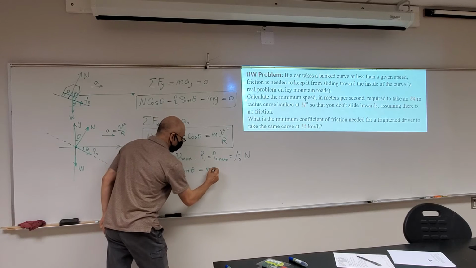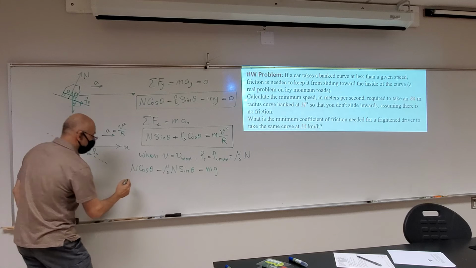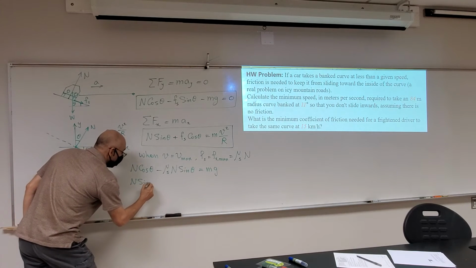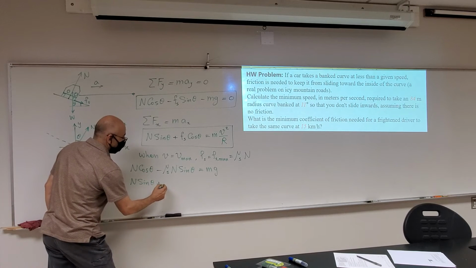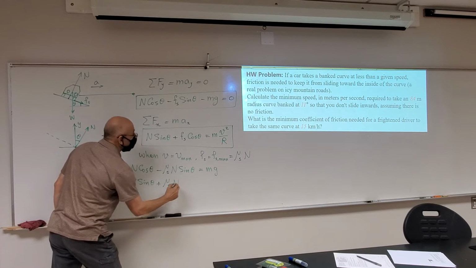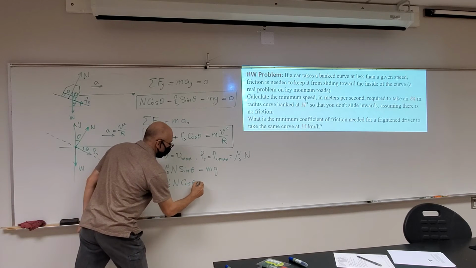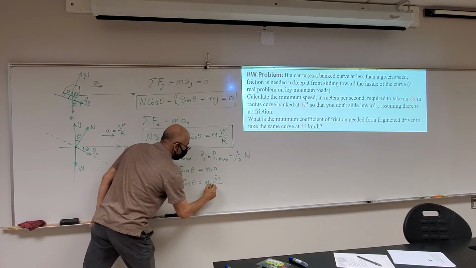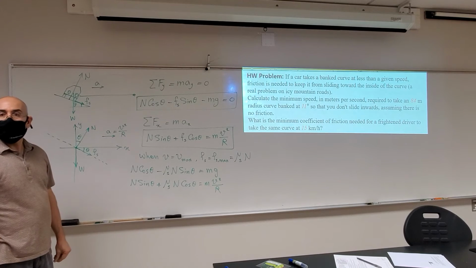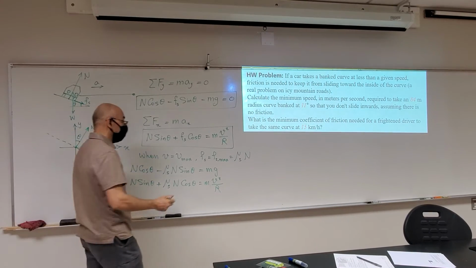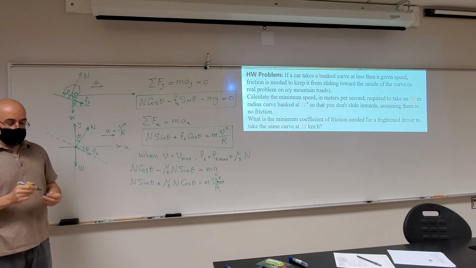I move the mg over. And this one becomes n sine theta plus mu s n cosine theta equal to m v max squared over r.